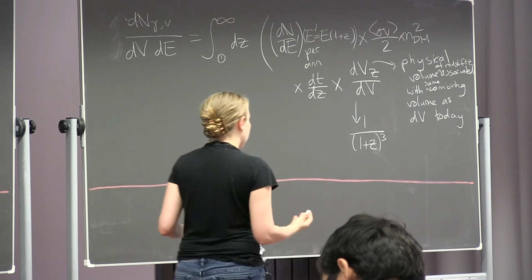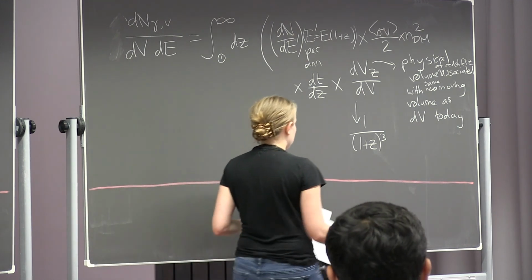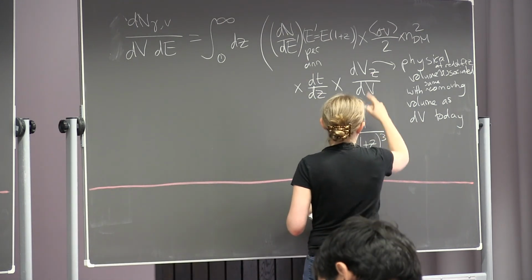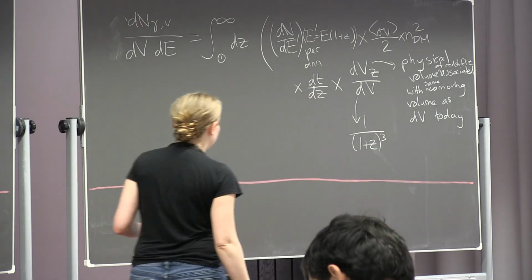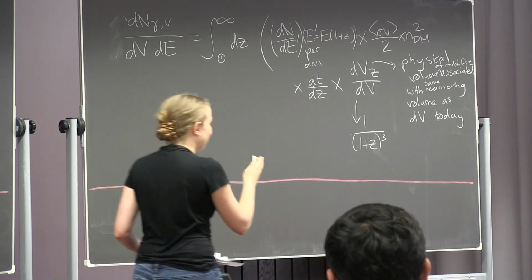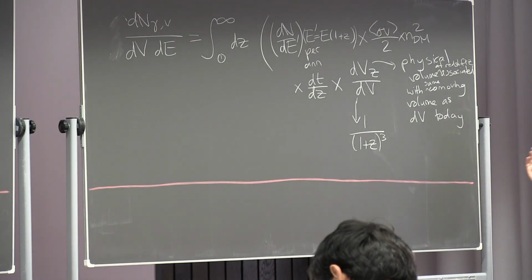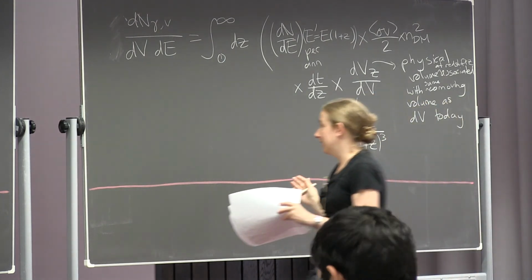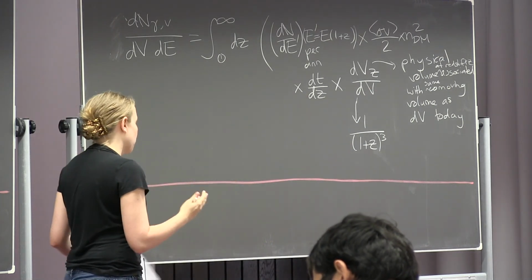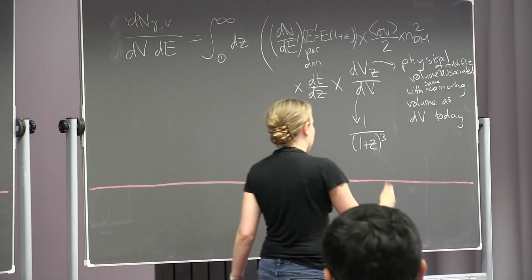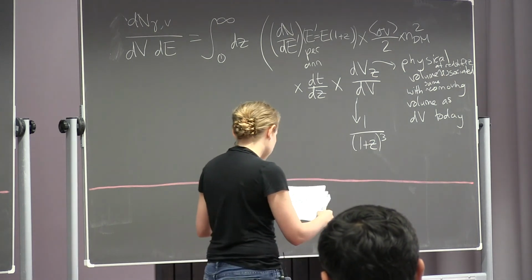So scale factor a scales like 1 over 1 plus z. So this factor is going to give us a factor of 1 over (1 plus z) cubed. It's pretty easy to get confused about which way up this has to go. I find it's helpful just to go back to basics and think, okay, the universe is expanding. The physical volume of a given co-moving volume is larger at late times, smaller at earlier times.